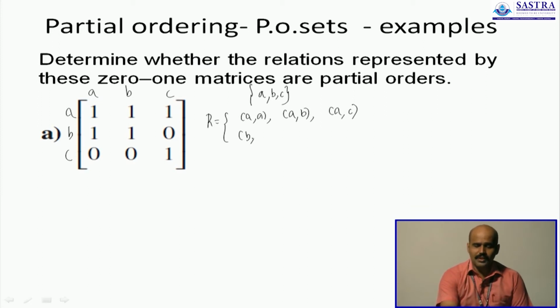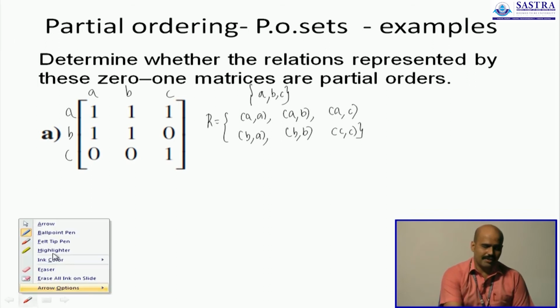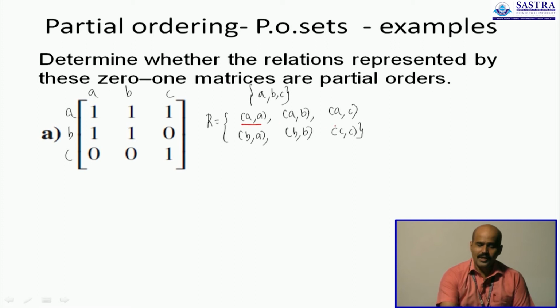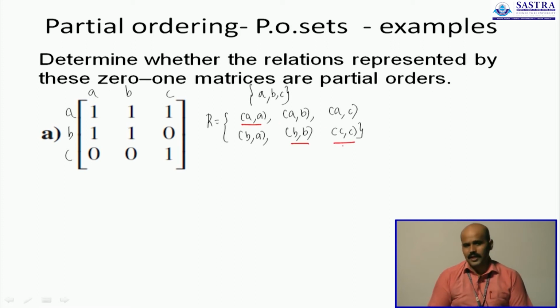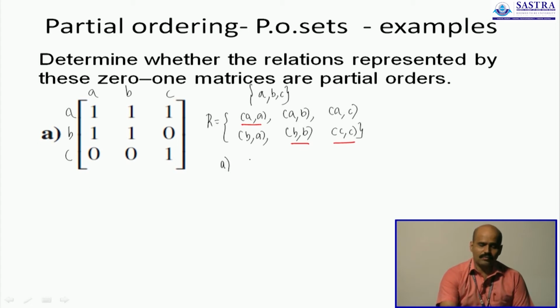We also have B comma A, we have B comma B. We don't have B comma C or C comma A or C comma B, but we have C comma C. So it is pretty easy to identify that this relation is in fact reflexive, because AA, BB and CC are part of the set.